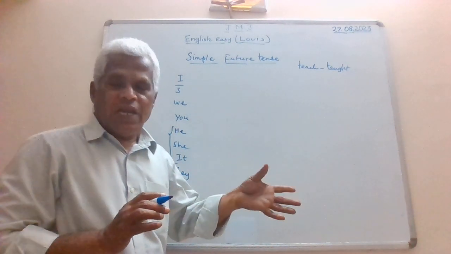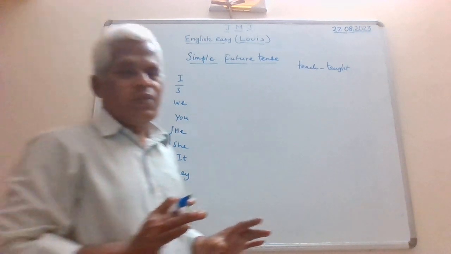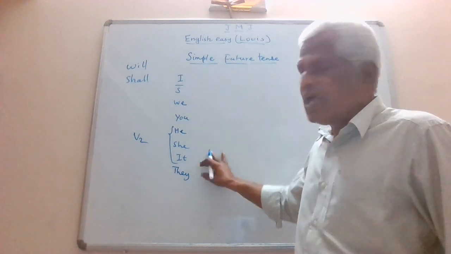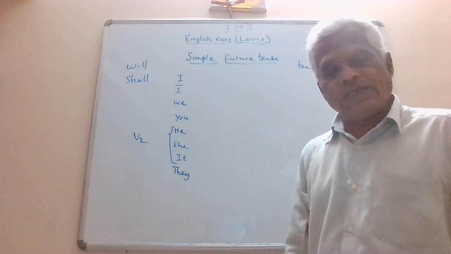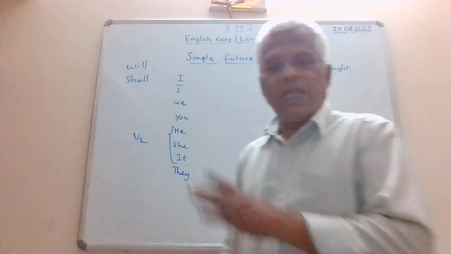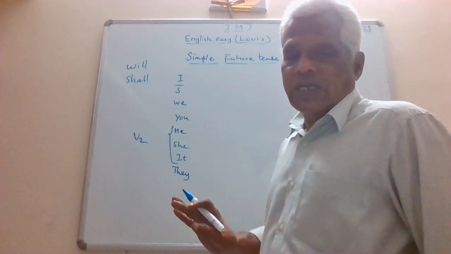But that is only a kind of general rule. But as far as the present grammar system is concerned, we are allowed to use will for all the subjects, subjective pronouns, depending upon the tense. For future tense, we can use will for all the subjects, all the sentences.